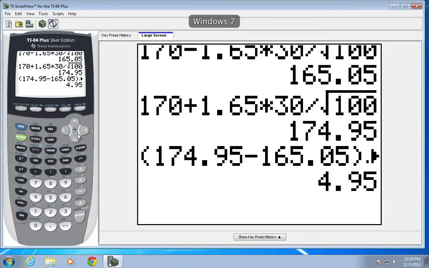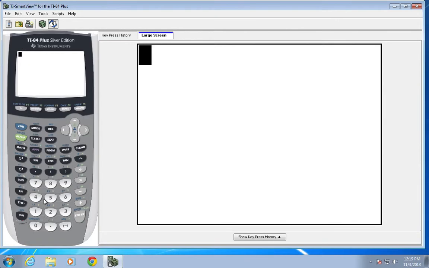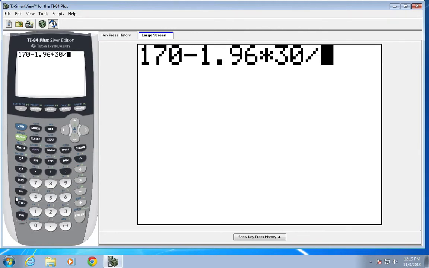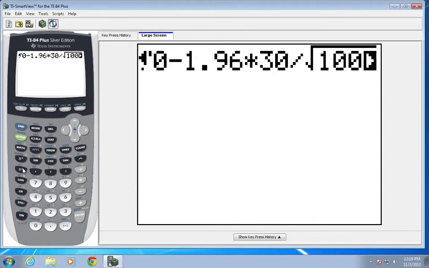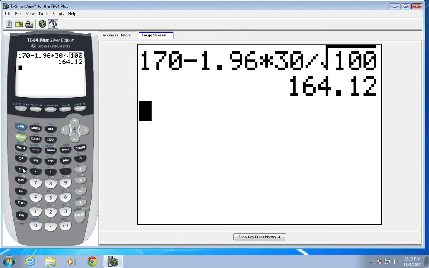So you can write 170 minus, and here we're going to put the z-score, 1.96, multiplied by 30, divided by the square root of 100. Okay, that can go on one line on the calculator. It gives us 164.12.